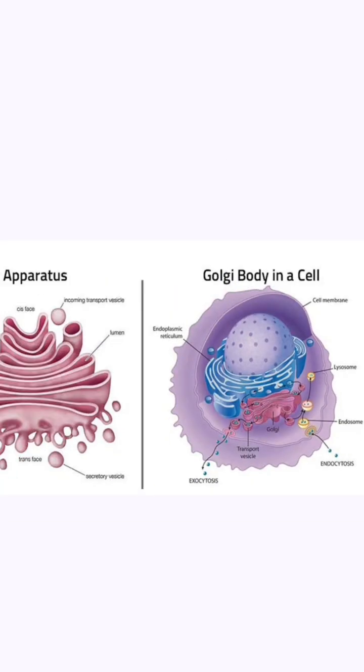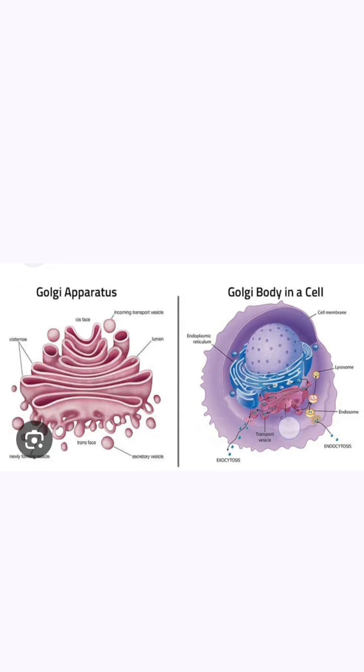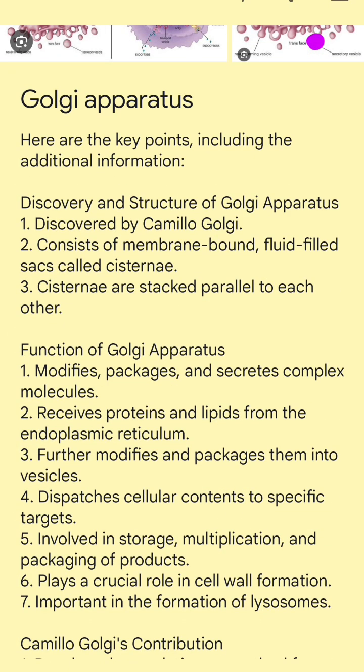The proteins and lipids are packaged and sent to the different organelles of the cell where they are required. The other function of Golgi apparatus is to make the cell wall of our plant cell. Actually, sorry, only plant cell, because animal cells do not have a cell wall.